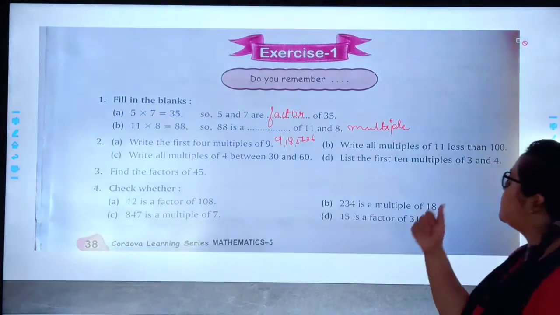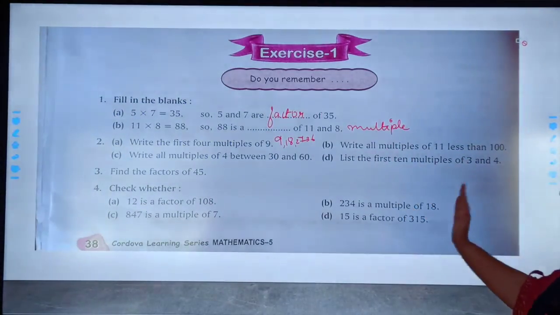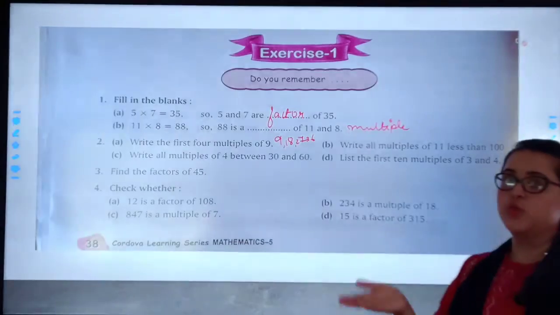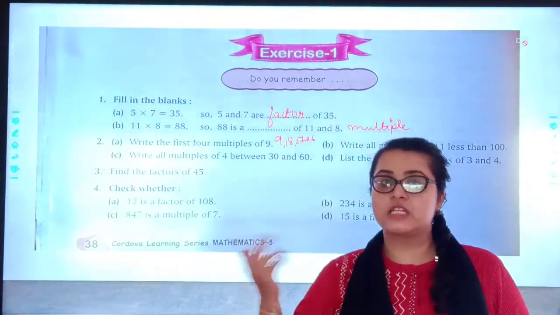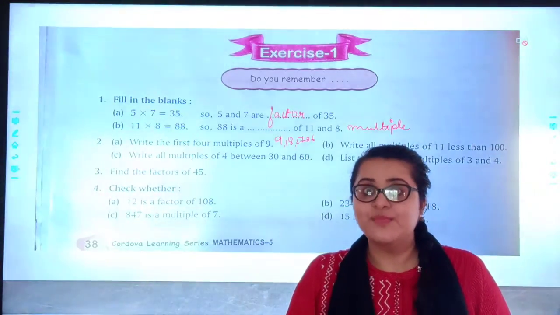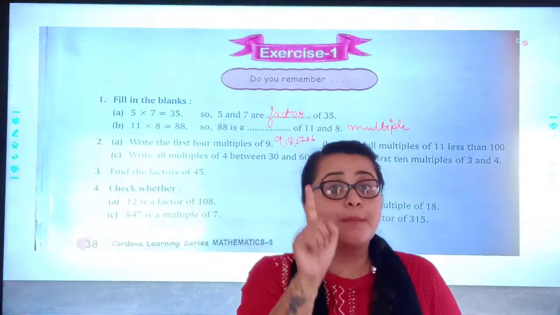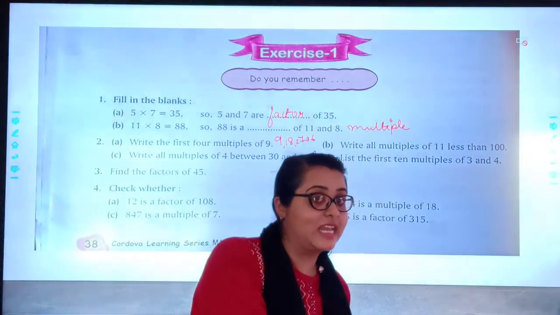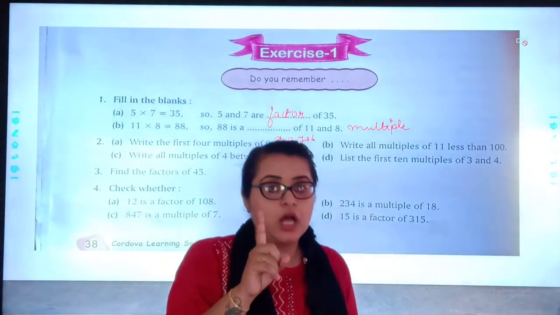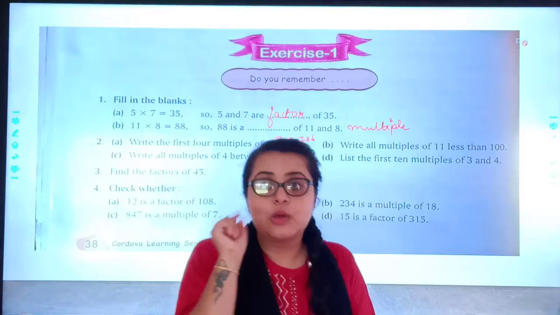Now, let's move to the second question. Write all the multiples of 11 less than 10. I have to write multiples of 11 but less than 10. So I can write the table of 11. Remember, less than 10. I have to write those below 10. 11 ones are 11, and 11 goes only in its own table. So my answer will be none.